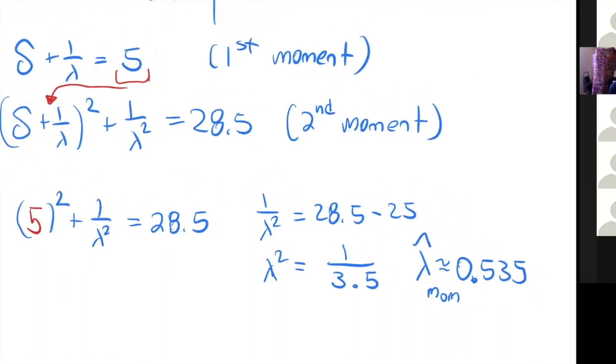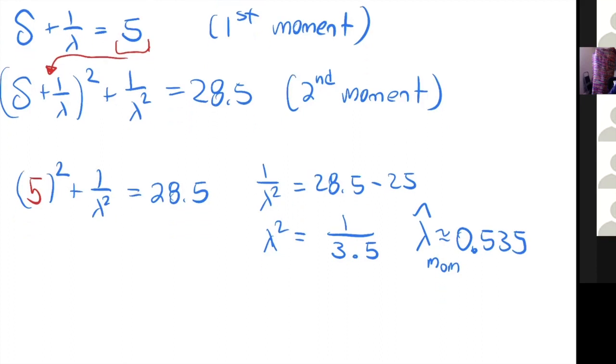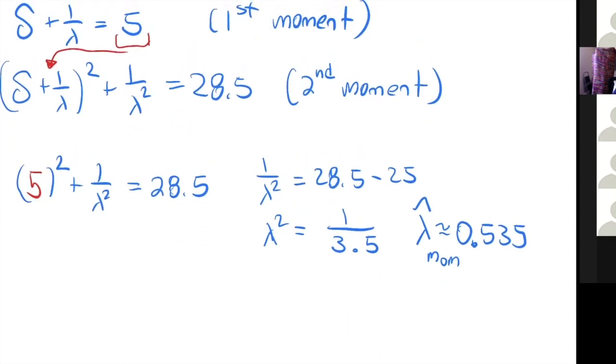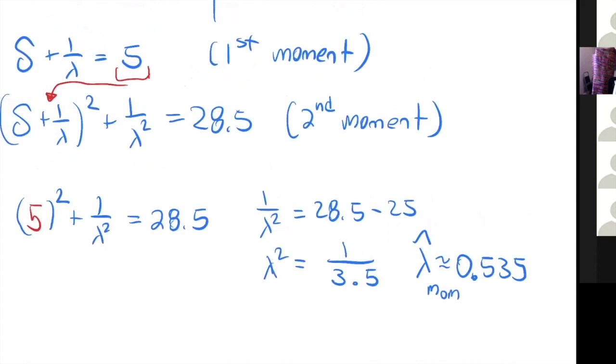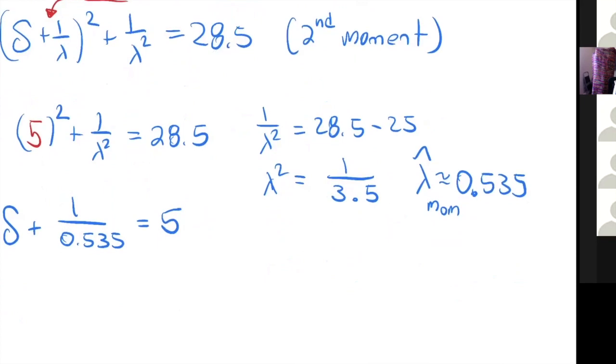Okay, so we got these equations up top from setting the sample and theoretical moments equal to each other. We've got a system of two equations and two unknowns, and then we just try and solve that system. And so once I've got my value for lambda, now I can come back to the top equation and say delta plus 1 over lambda is equal to 5.